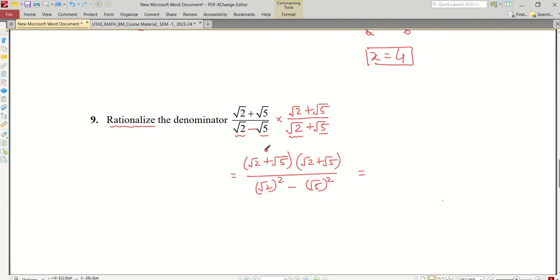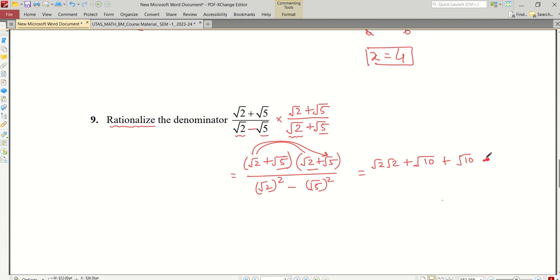Now we need to multiply square root 2 into square root 2. Then plus, multiply square root. What you need to do? Now we need to multiply here. Square root 2 into square root 5, square root 10. Plus. Now, square root 5 into square root 2. What is this? 5 into 2, square root 10.